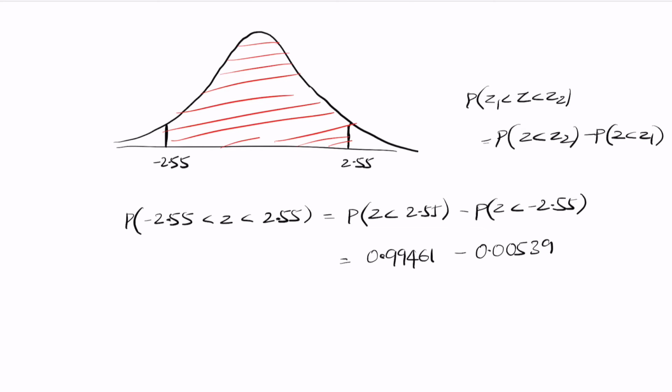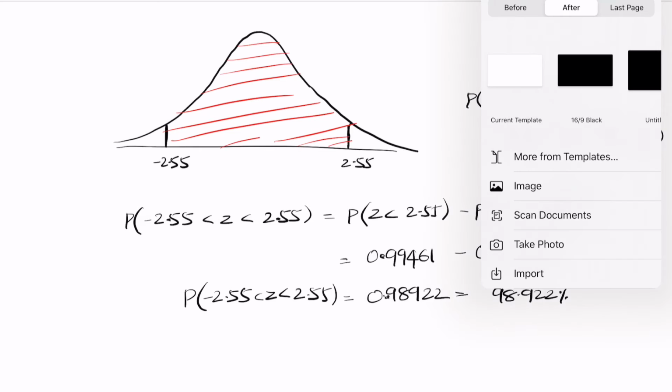You have 0.99461 minus 0.00539. That gives you a value of 0.98922, or we can write it as 98.922%. So this is the probability between minus 2.55 less than Z less than 2.55.